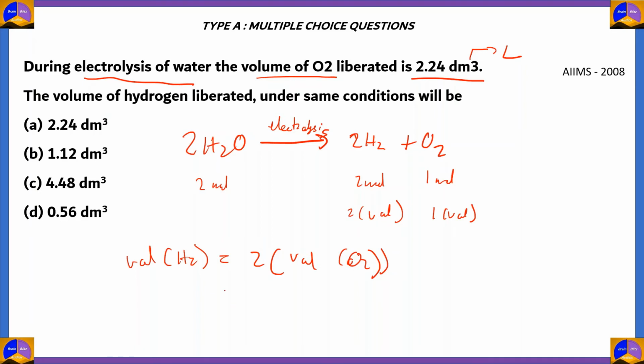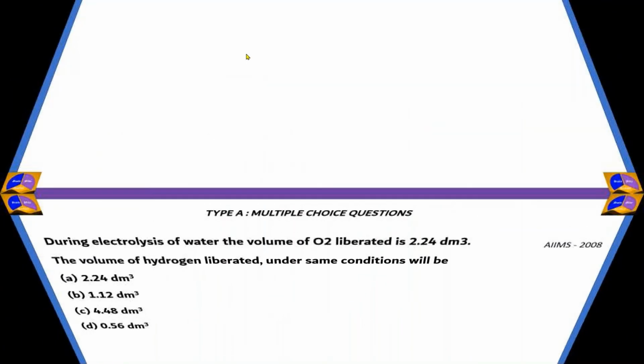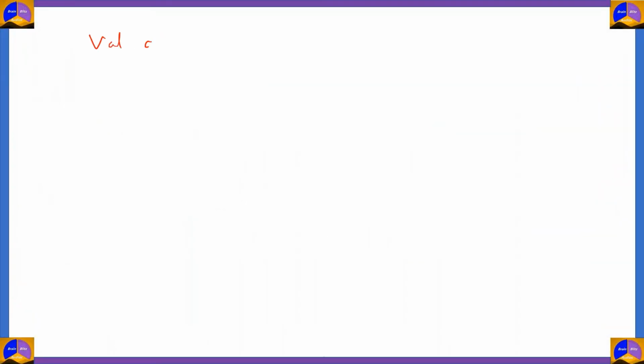So now when we know the volume of O2 as 2.24 decimeter cube, we can calculate the volume of H2 as 2 times 2.24 decimeter cube.